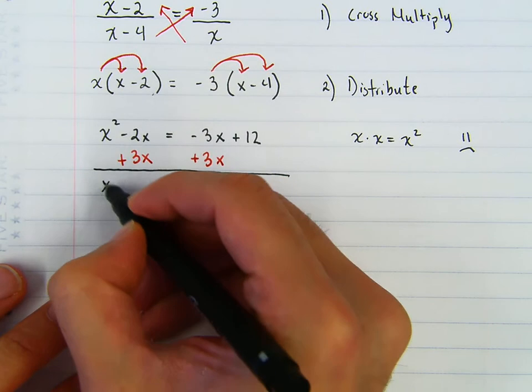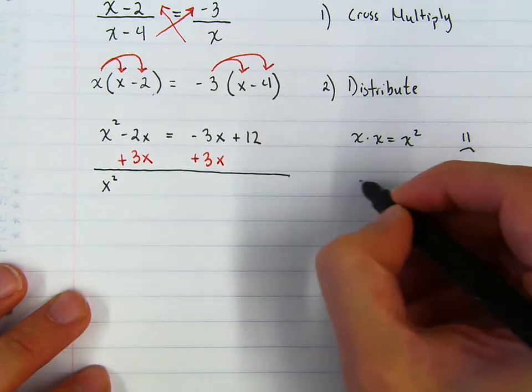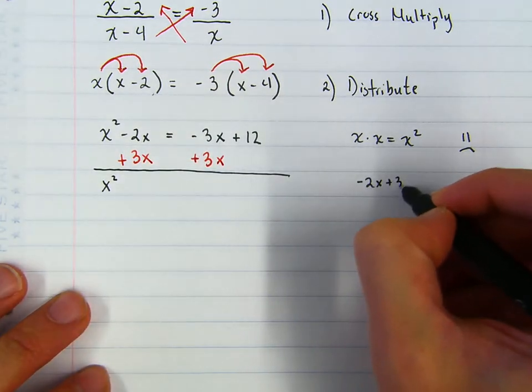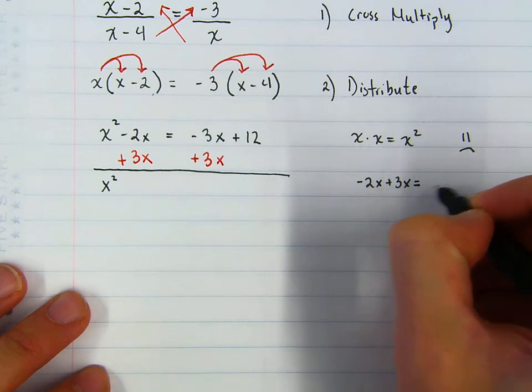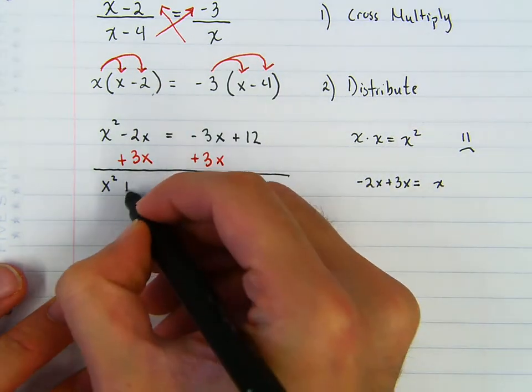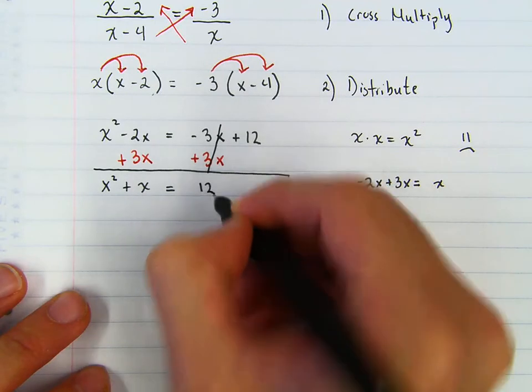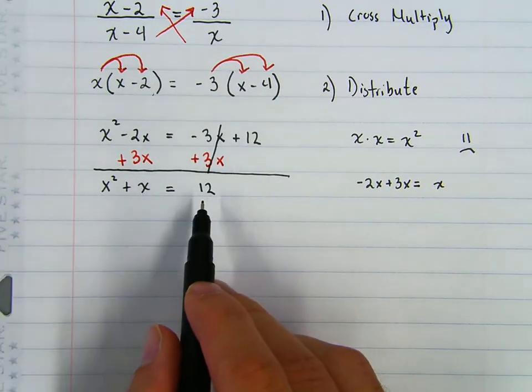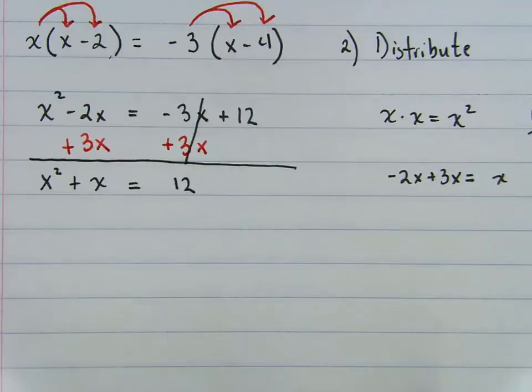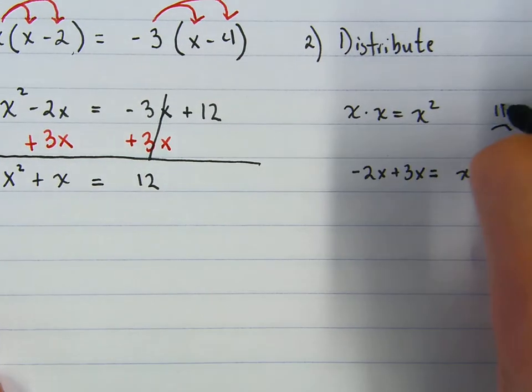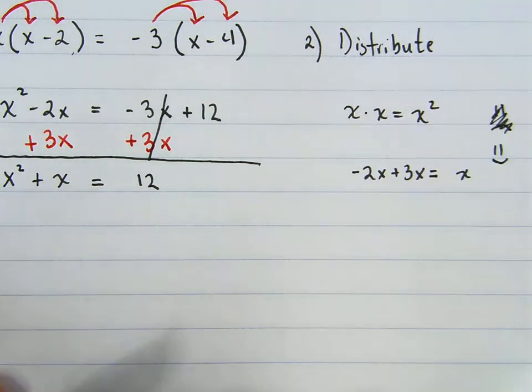So now I have x squared. What is negative 2x plus 3x? This will be just positive 1x equals, this cancels, so then I have 12. Notice we don't have 0 yet. Let me zoom in and change this from unhappy face to happy face because we got this.